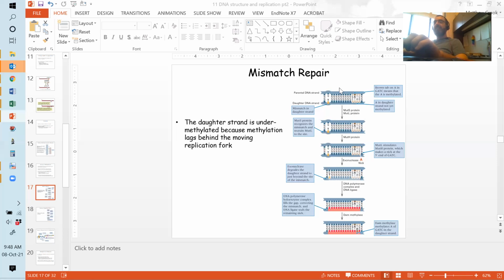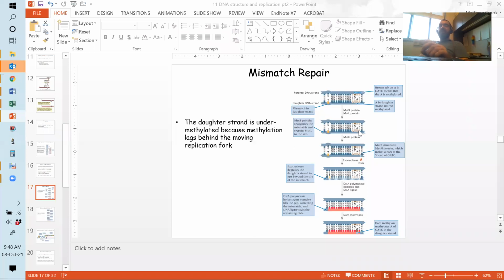And so essentially that mismatch is recognized again by shape, right? You'll literally get a little bubble in DNA where these two bases will not stick together properly. And so that's recognized by, in bacteria, a bunch of proteins called MUT or mute proteins.